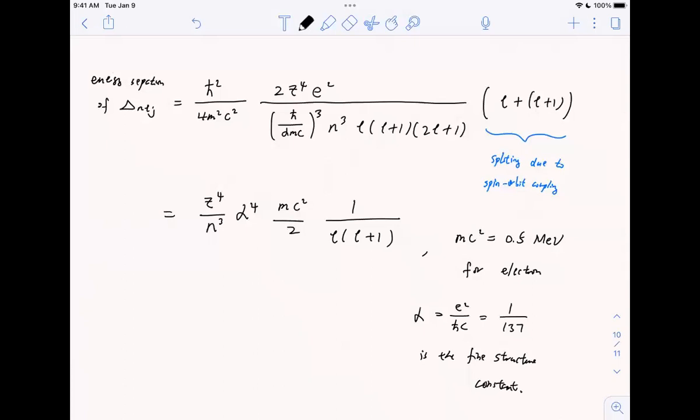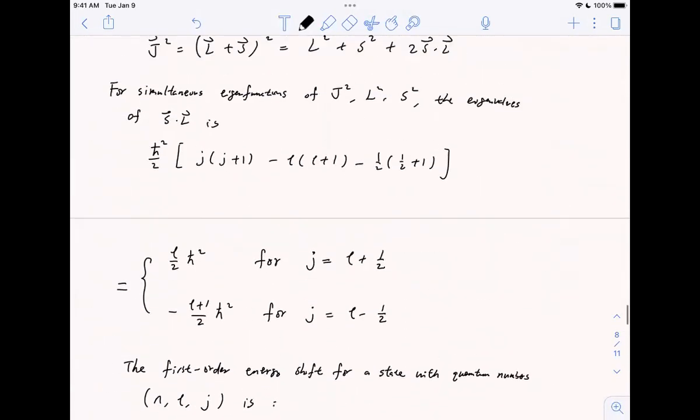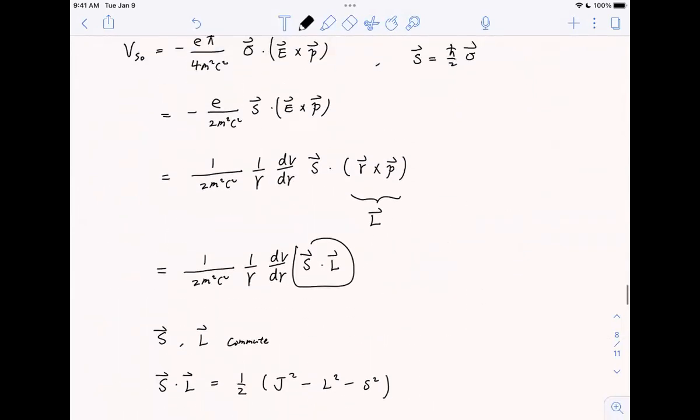Is it okay? By the way, here, if L is 0, then you can already make it 0 from the very beginning, because if L is 0, then there's no spin-orbit coupling.